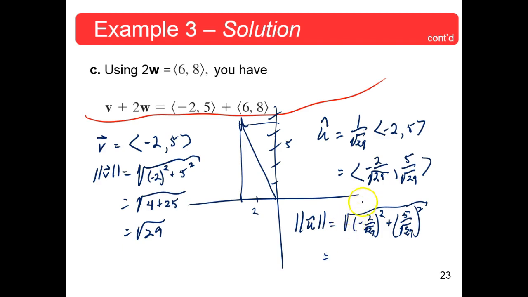When I square a negative, it becomes positive. What's 2 squared? 4. What's root 29 squared? 29. Plus 5 squared is 25, over root 29 squared, 29. And what's 4 plus 25? 29. 29 29ths is 1. The square root of 1 is 1.